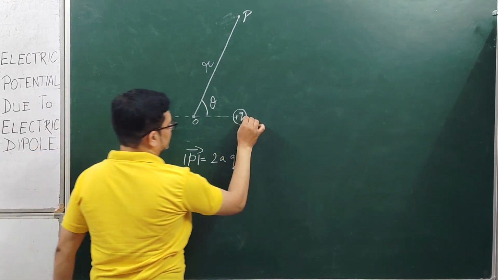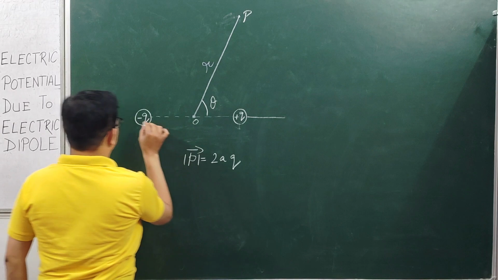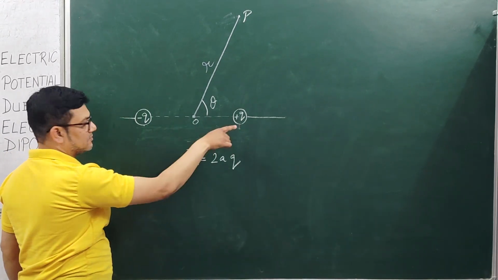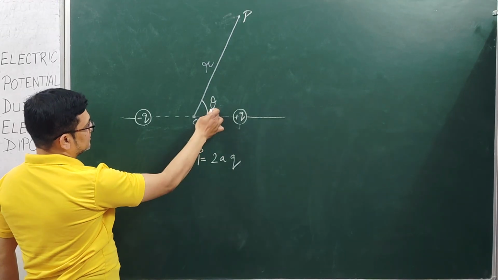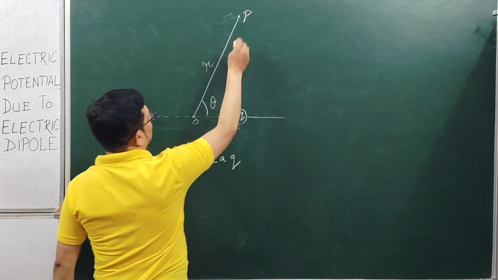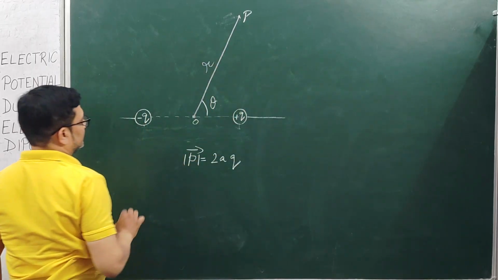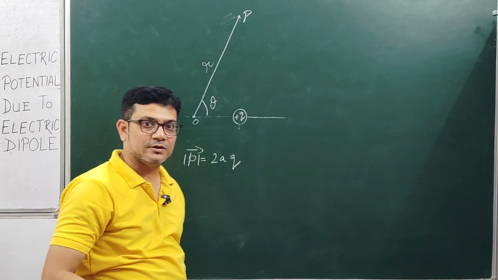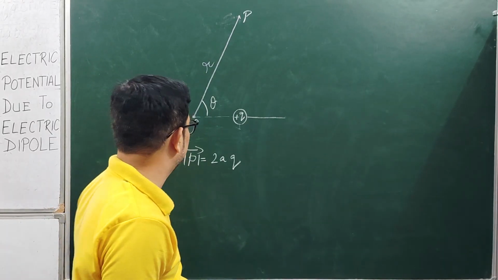This is the axial position, along the axis of the line which is connecting these two charges. So it makes theta degrees here. This is all we know, and we are interested in finding the electrostatic potential. Whatever we have learnt about the potential, we'll apply that concept here.